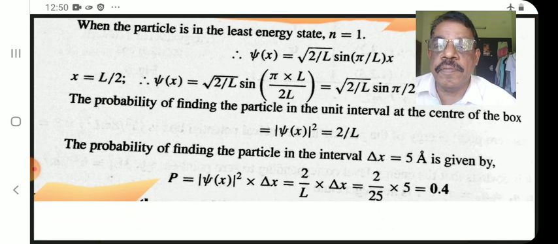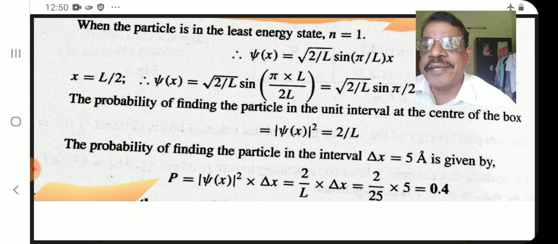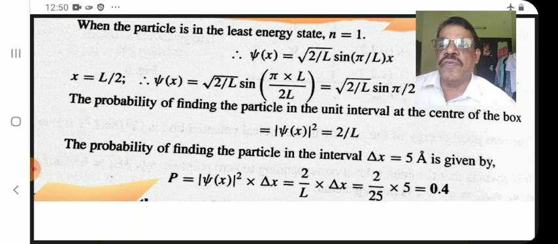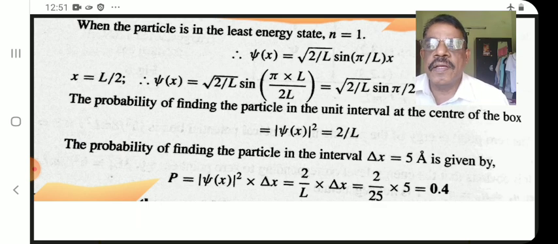Now the probability in an interval of delta x of 5 angstrom. In the place of P, we can write W, as we have written in our lecture note. Here it is P: you write P as probability density in the above step, and in the last step you write W. W is equal to P into distance, the probability density at the center into the distance. The distance is given as 5 angstrom.